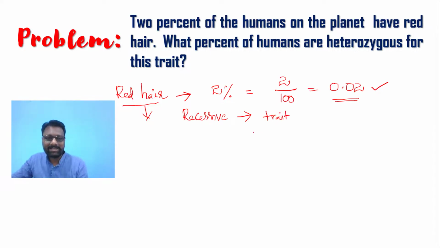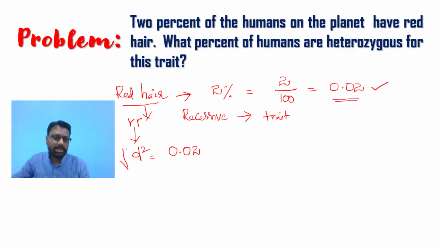Because of that, it is very clear that the red hair phenotype is possible only when both recessive alleles are present, that is little r, little r. So little r, little r stands for q square in the equation. If q square is equal to 0.02, now you need to find the q value.